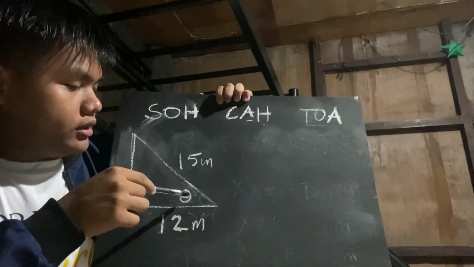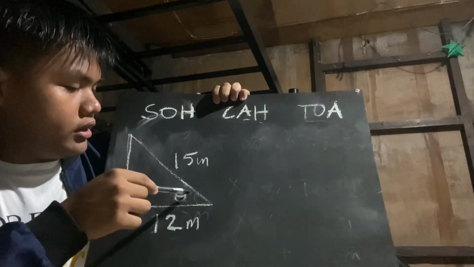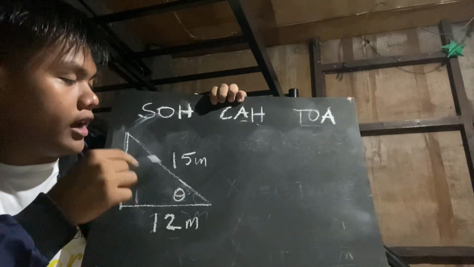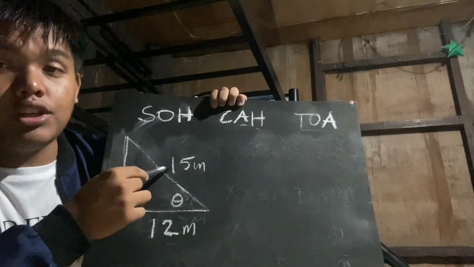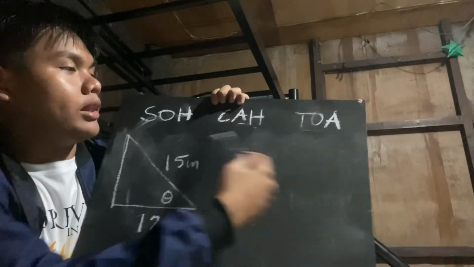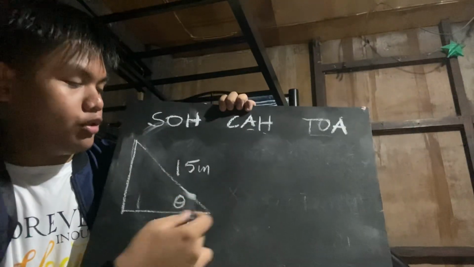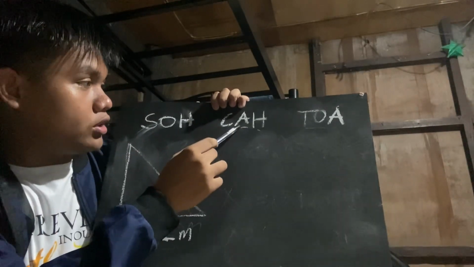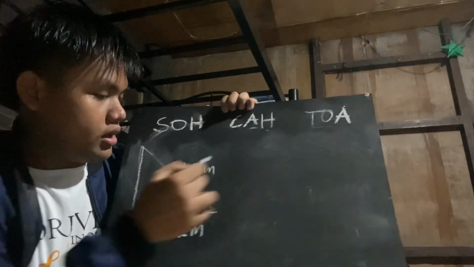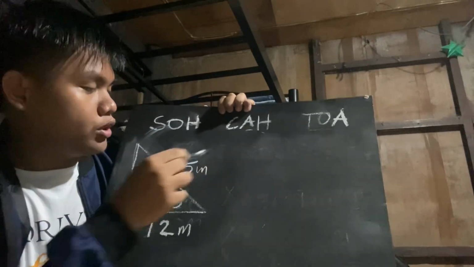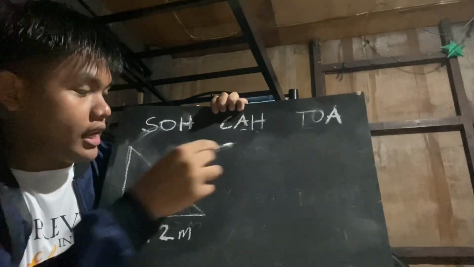The adjacent of this angle is 12 meters and the hypotenuse of the triangle is 15 meters. What can we use here to solve this? We have adjacent, so we can use CAH or TOA. Since we also have the hypotenuse, we can only use CAH because we have the given adjacent and hypotenuse.